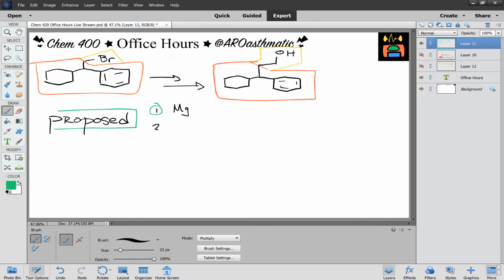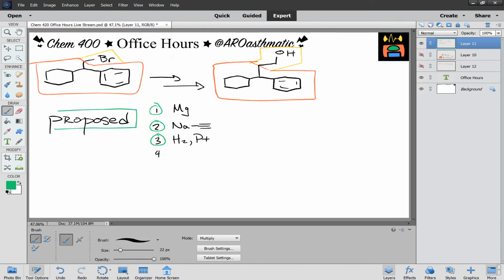Second proposed step is a deprotonated alkyne. Third, it's H2 platinum.